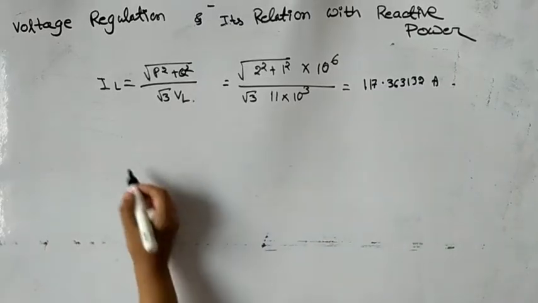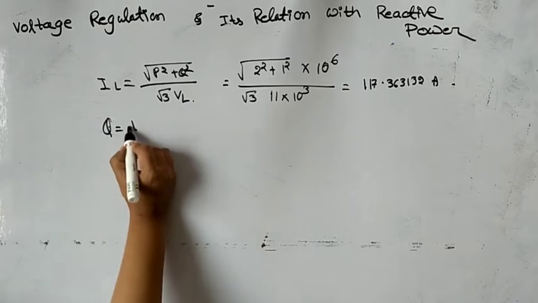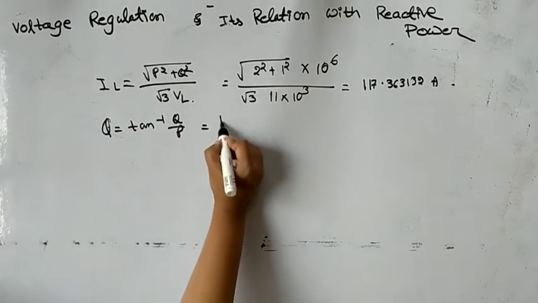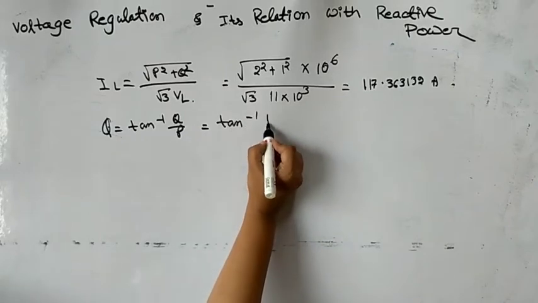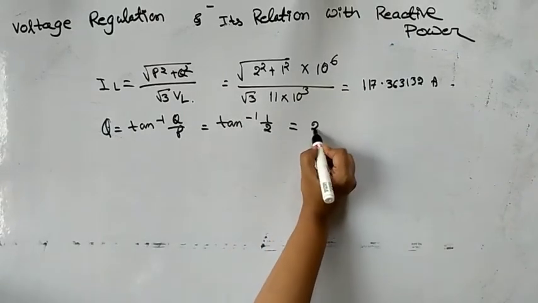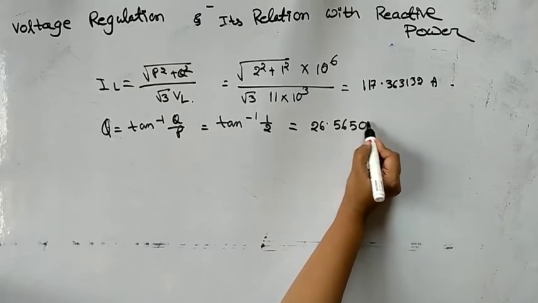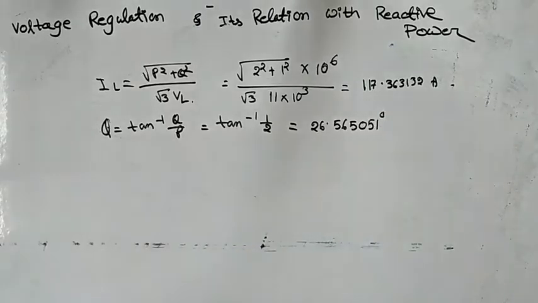Now phi equals tan inverse Q by P, tan inverse half, which equals 26.565051 degree.